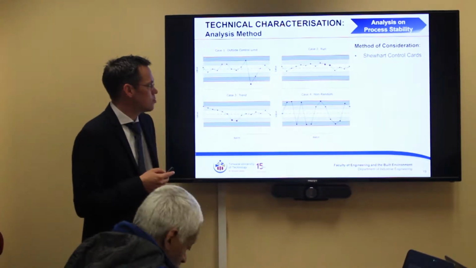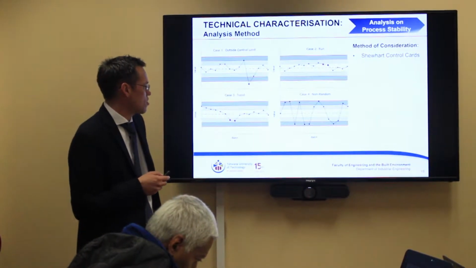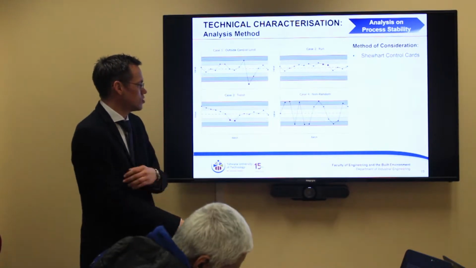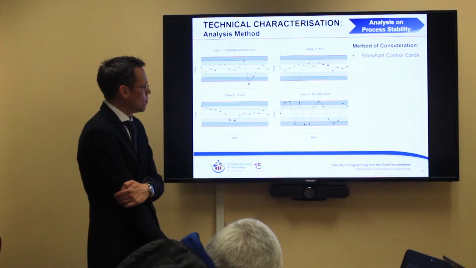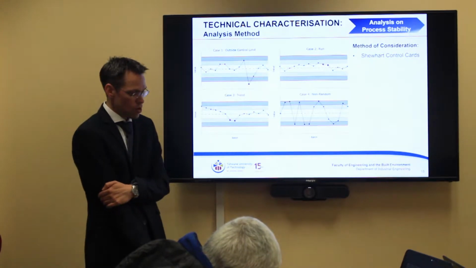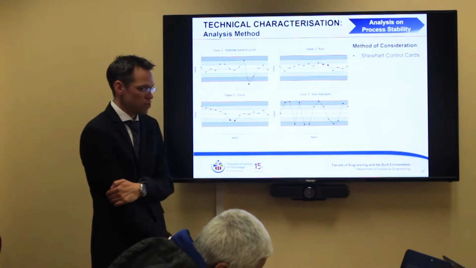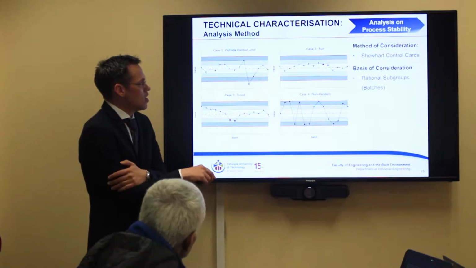So with those distribution parameters, we can go to the next step, the statistical verification of process stability. Therefore, the method of Shewhart control cards is used, which investigates the stability of the features' location and dispersion parameters.